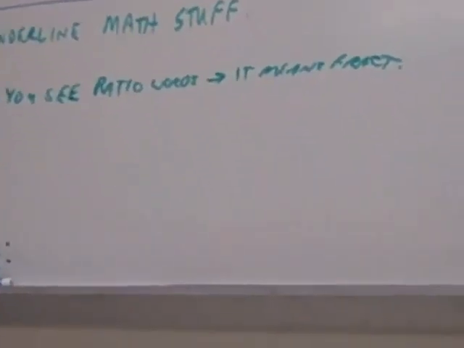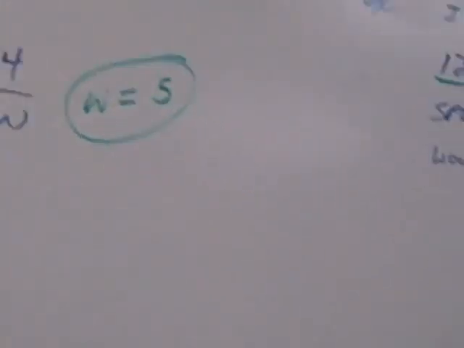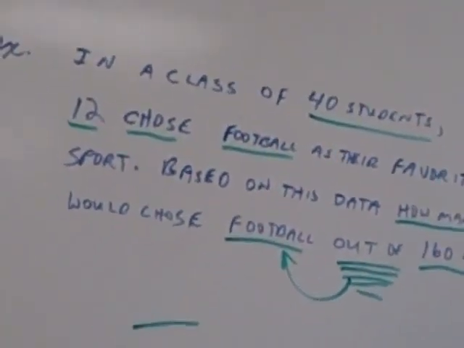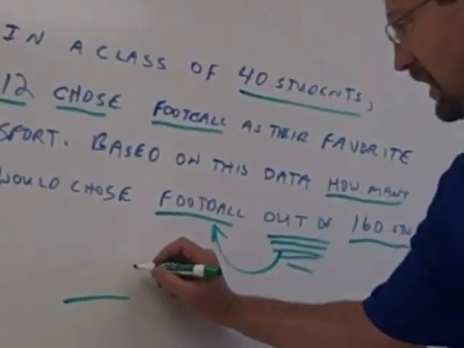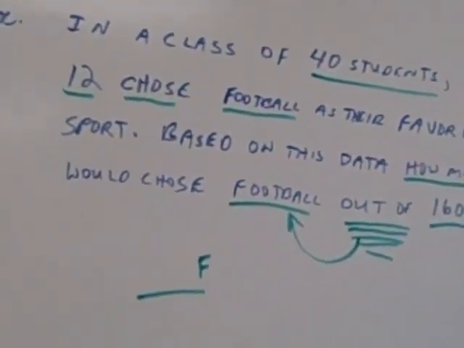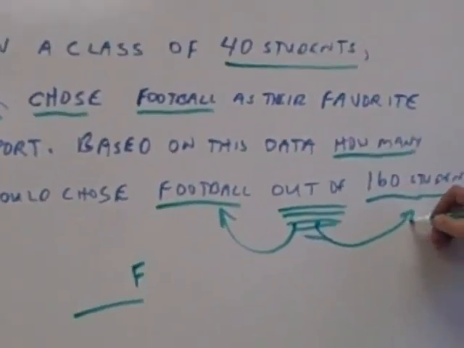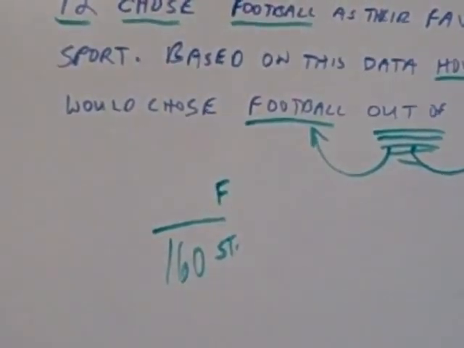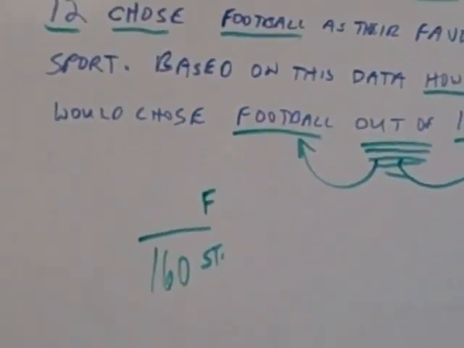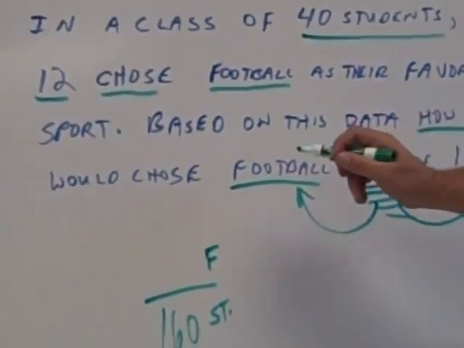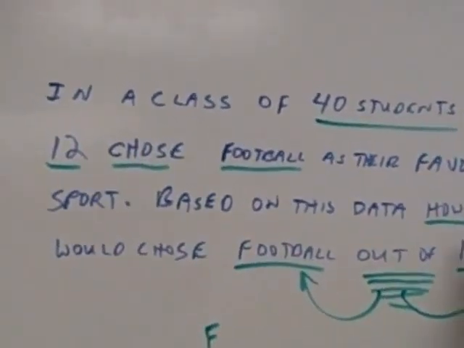So looking right here, what is in front of the out of? Football. That's not a number, but I can write F for football, can't I? What's behind it? 160 what though? Students. Do we know the number for the football people? No, sir.